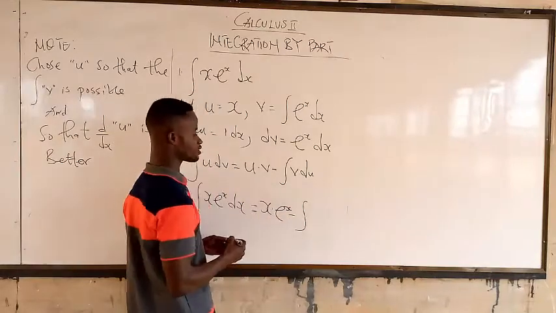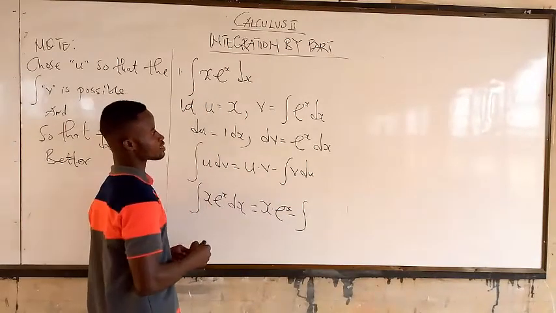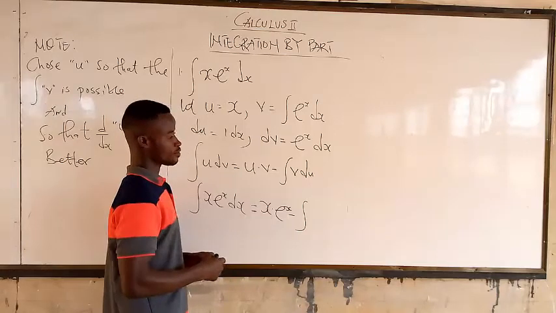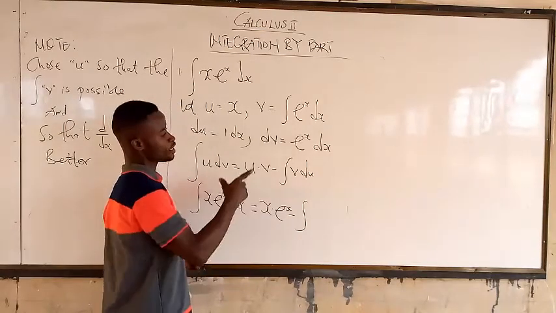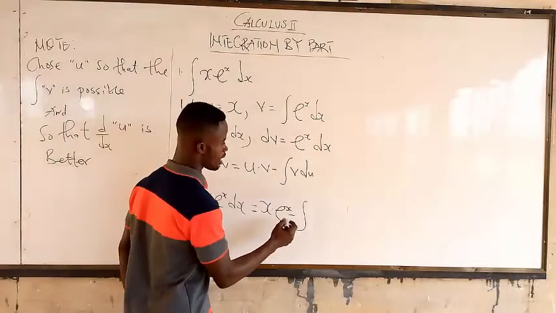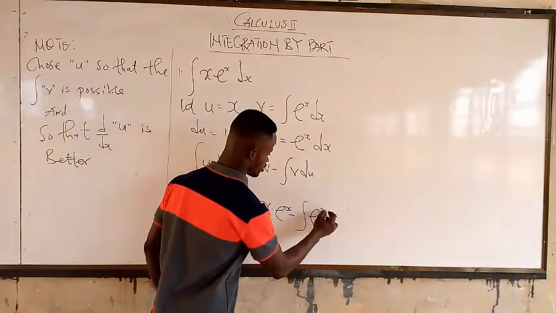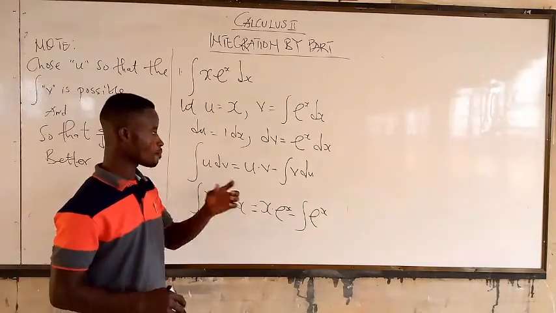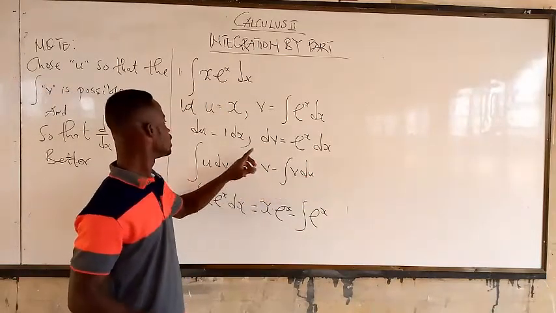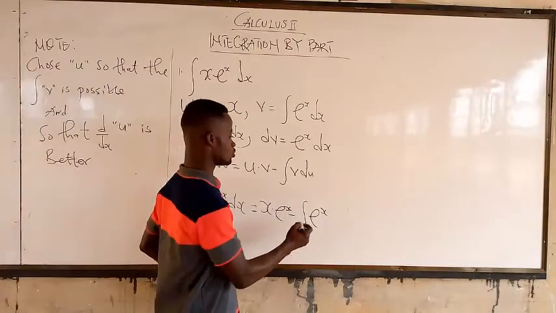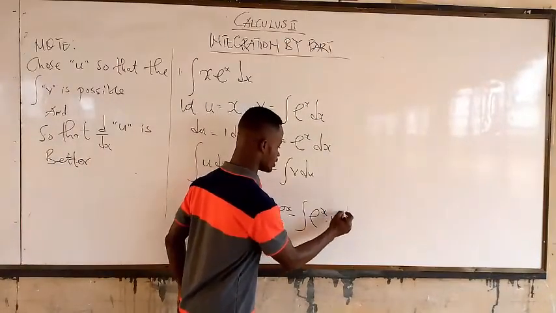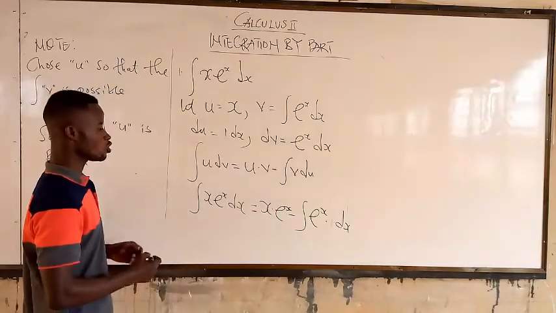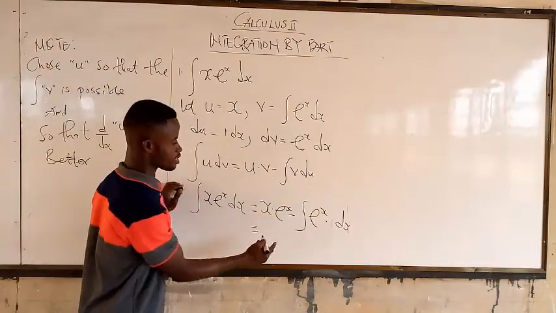Minus the integral of v, which is e raised to the power x. Then our du is going to be 1 dx, which is the same as dx. So we now integrate this.